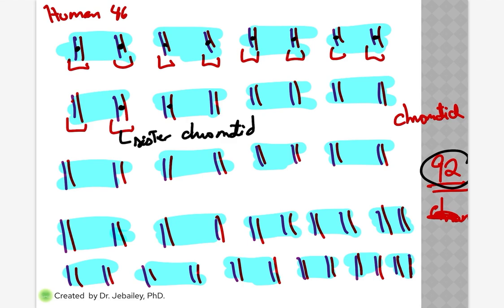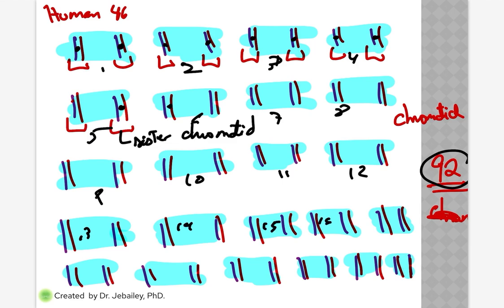So here, if you want to count how many homologous we have, it is 1, 2, 3, 4, 5, 6, 7, 8, 9, 10, 11, 12, 13, 14, 15, 16, 17, 18, 19, 20, 21, 22, 23.